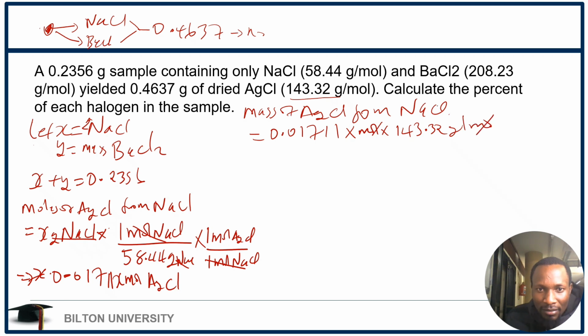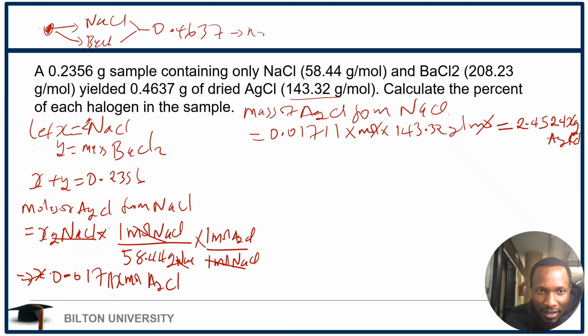The moles cancel, and that's going to give us 2.4524X grams of silver chloride. So this is the mass of silver chloride which came from sodium chloride, because X represents sodium chloride.